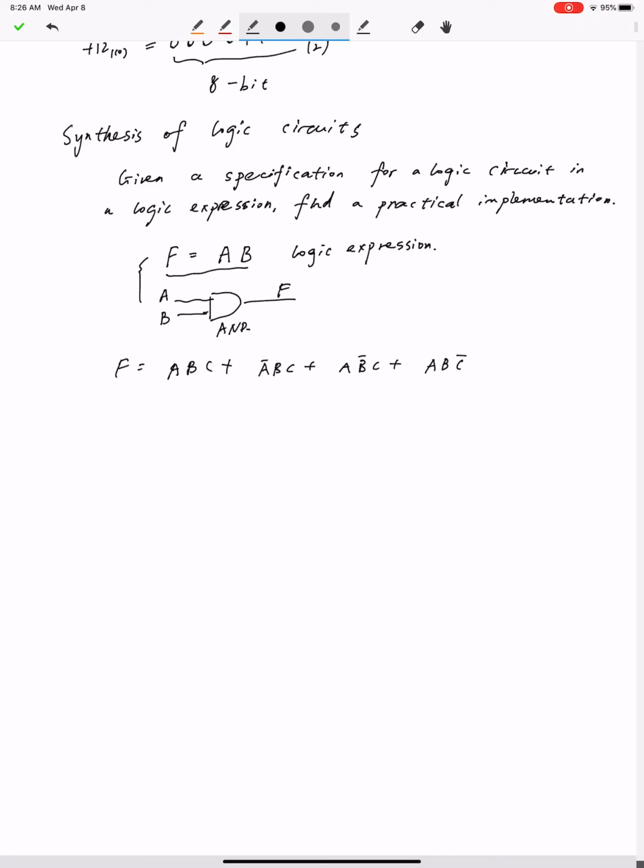For that case, of course, you can also find the practical implementation for this logic expression for sure. But you need to draw a very big diagram, right? So, is there an easy way to find the logic circuit of a logic expression? So here in this topic, we're going to introduce how to do this job. Okay, let's give an example.